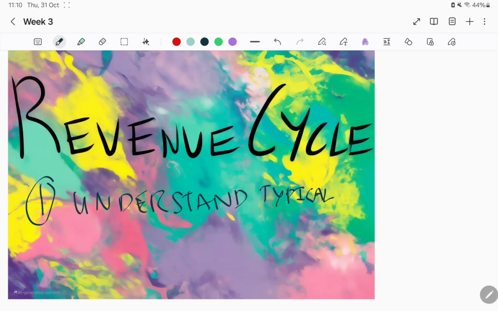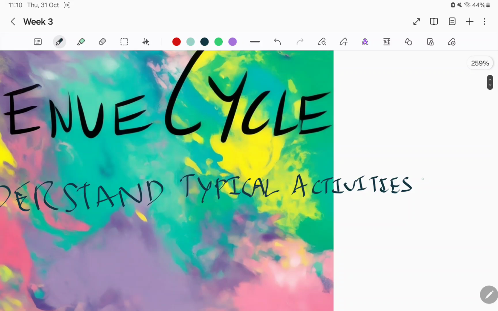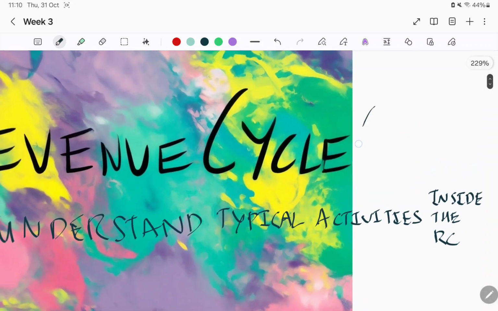To understand the typical activities, I call it activities, inside the revenue cycle. I'm just going to put RC over here.